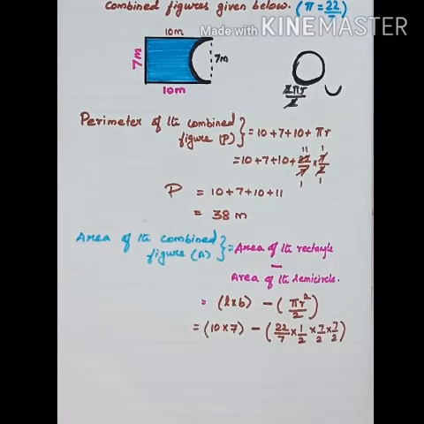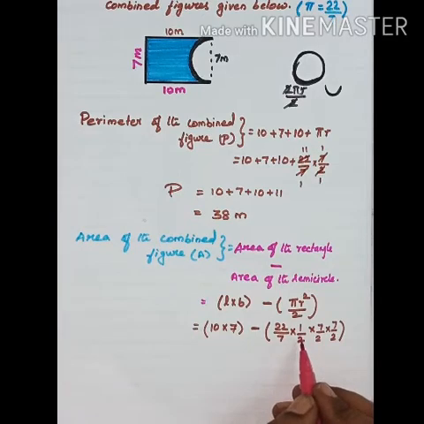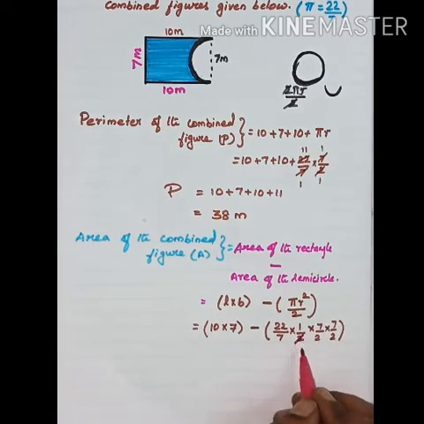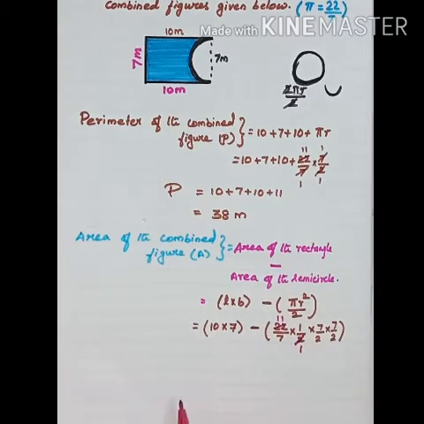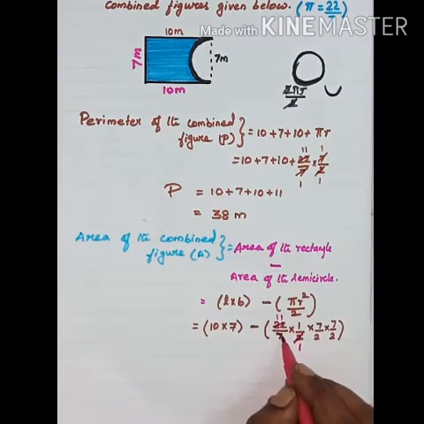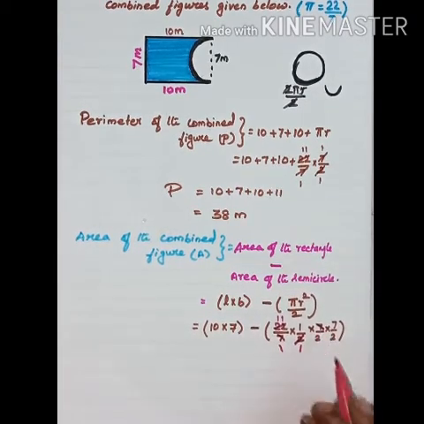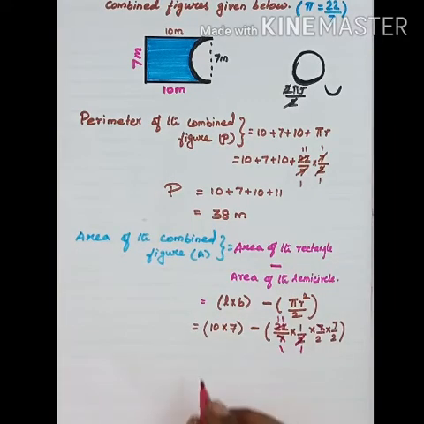Now we have to do the cancellation part. Listen carefully. 1 twos are 2, 11 twos are 22. 1 sevens are 7, 1 sevens are 7.